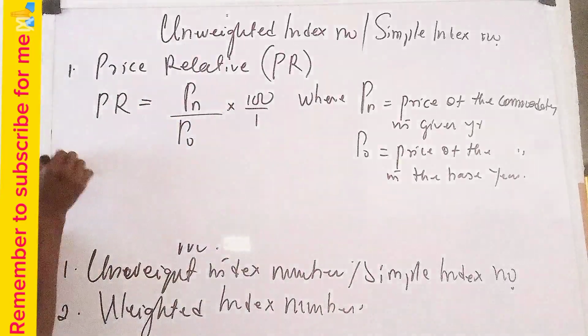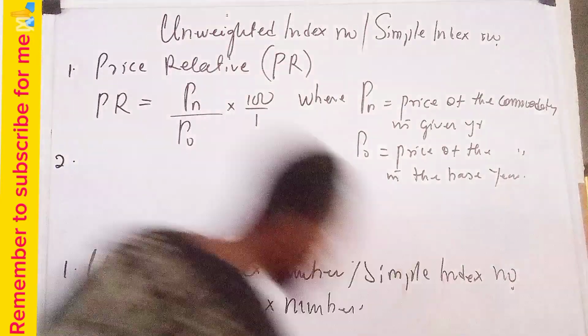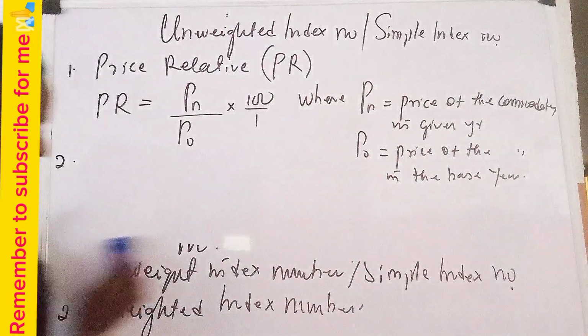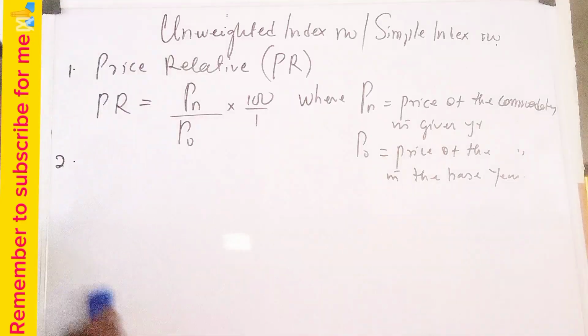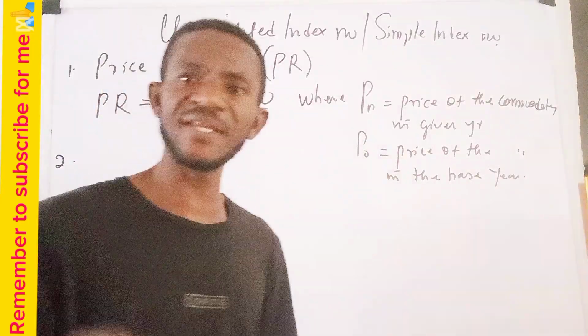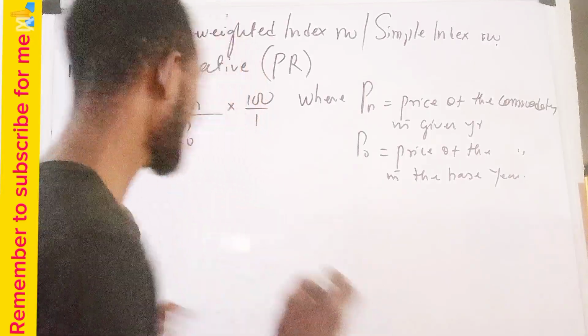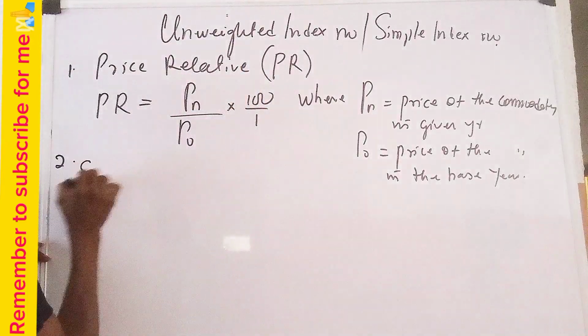Then number two existing under the unweighted price index is what we call the simple aggregate price index.